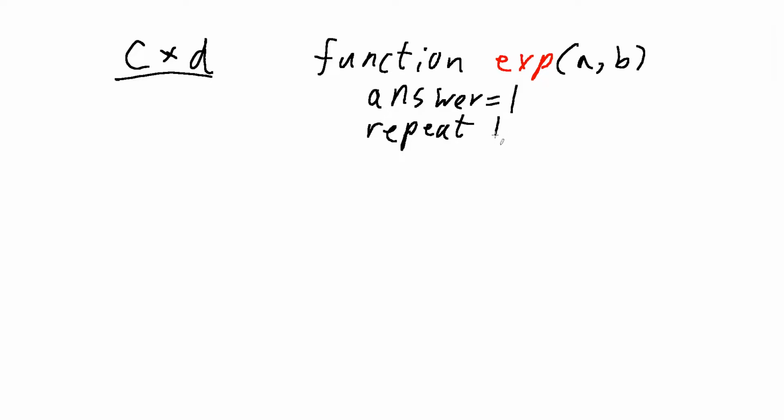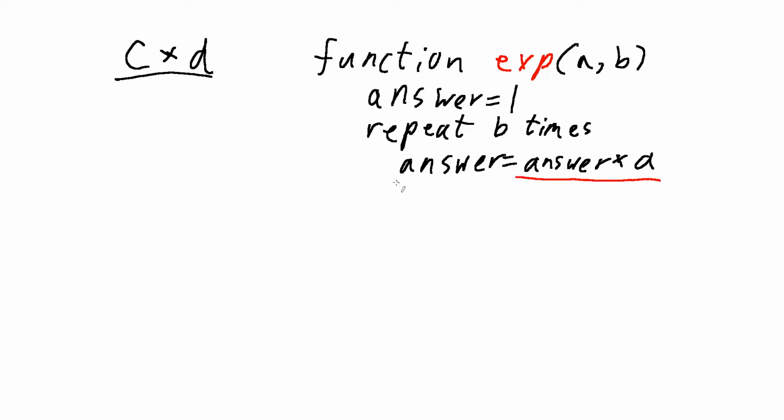So let's say repeat b times, answer equals answer times a, and this is where we're using the multiplication algorithm that we've said we're going to use before, and we don't care what it is. So we end the iteration there, and we return our answer.